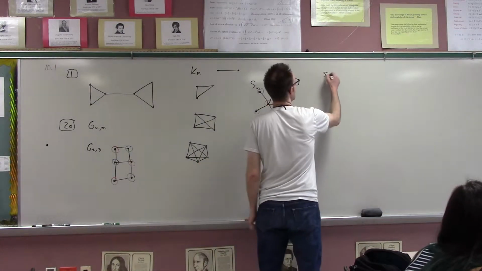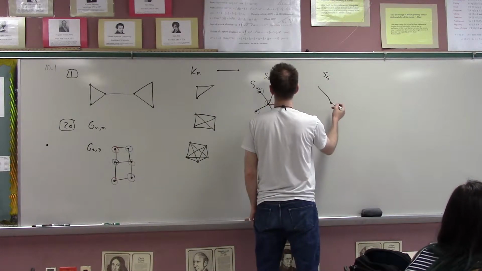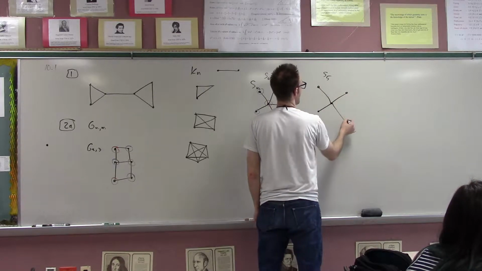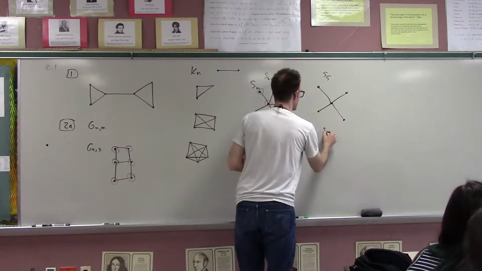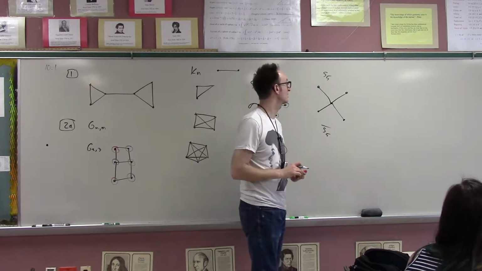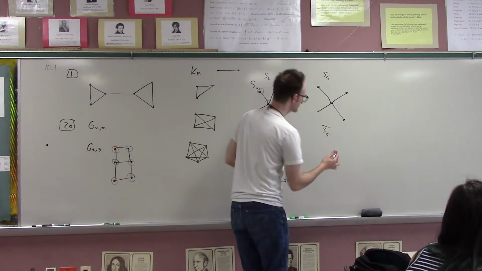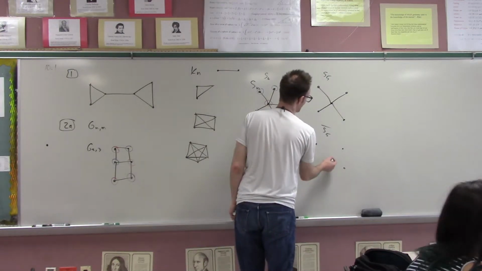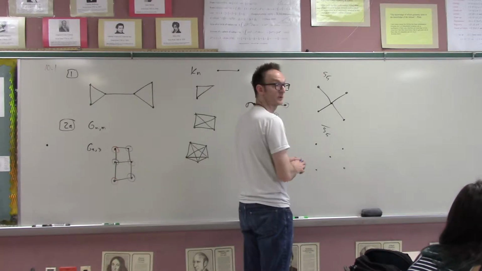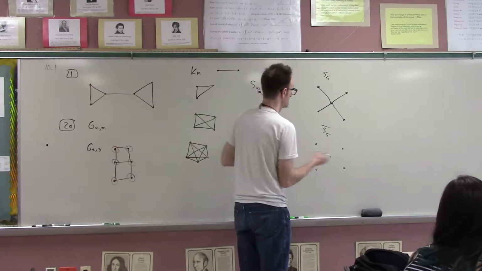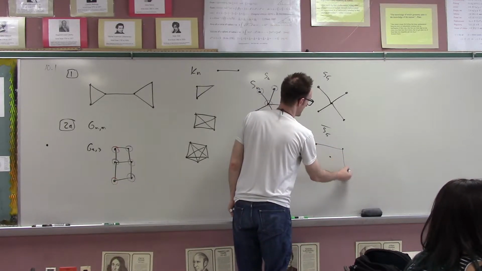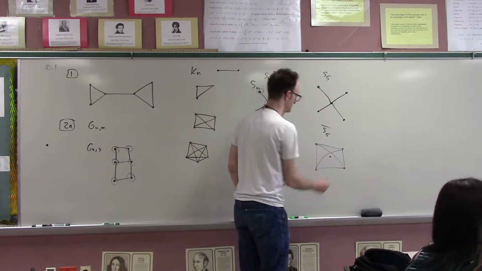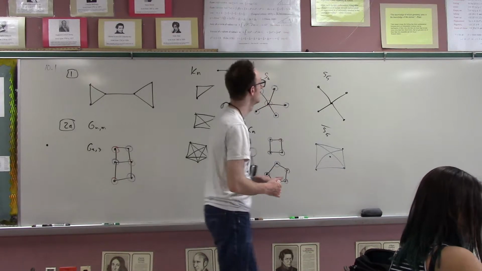If S5 is the star graph with 4 thingies, then the complement of S5 is like making a graph of people if they're not friends, with one in the middle. So it's just like this. Did I do that right? Yeah. Good.